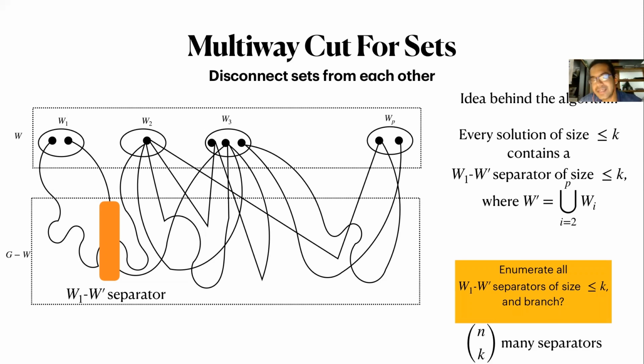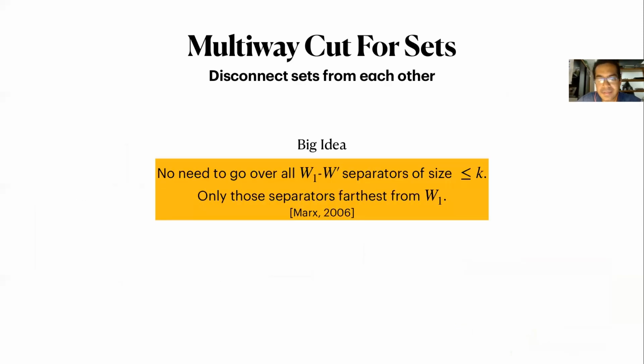But the problem is that there can be n choose K many separators, and we cannot simply branch because there are too many sets, and n comes into my runtime and it's not FPT anymore. So this trivial approach doesn't work.